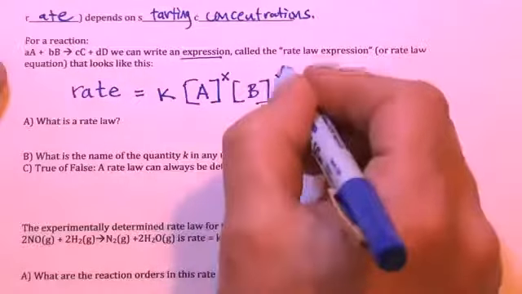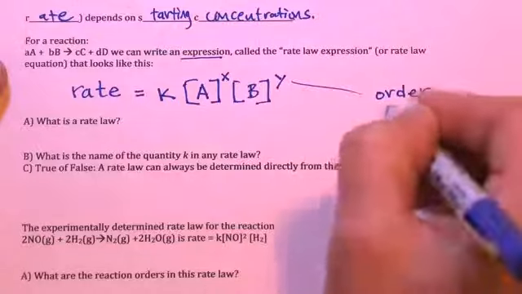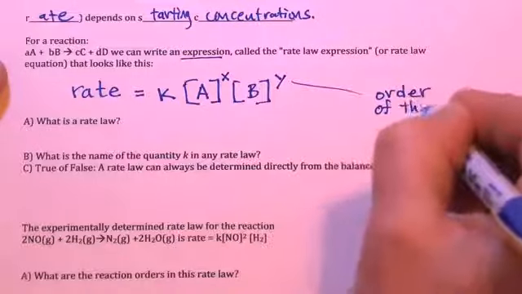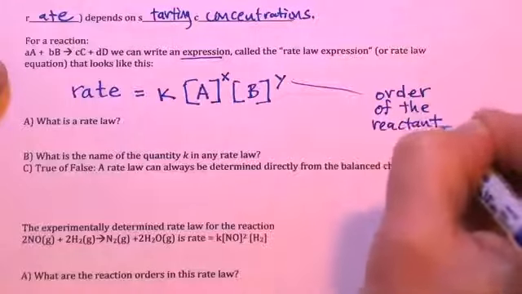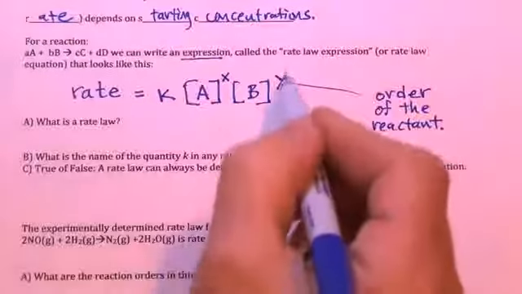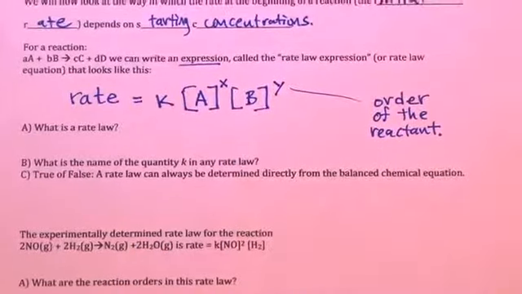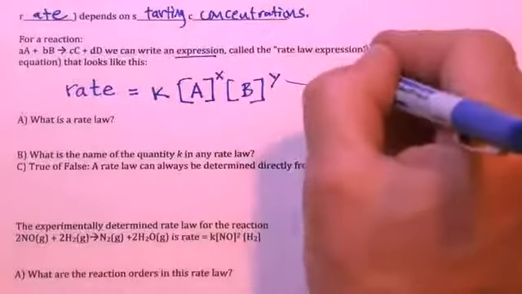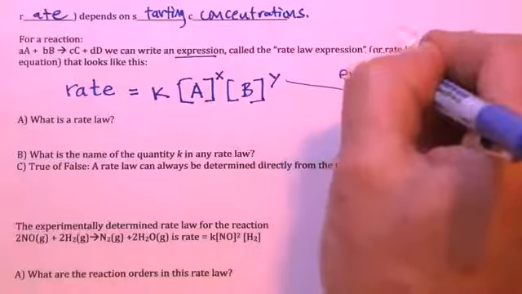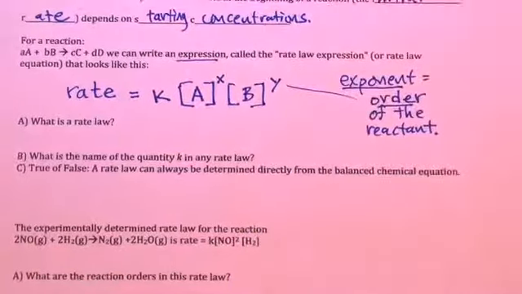And these powers right here are known as the order of the reactant. Now, these exponents are going to be a huge focus of this video cast, so you have to get the words exponent and order to mean the same thing in your brain, because that's the terminology that's used.